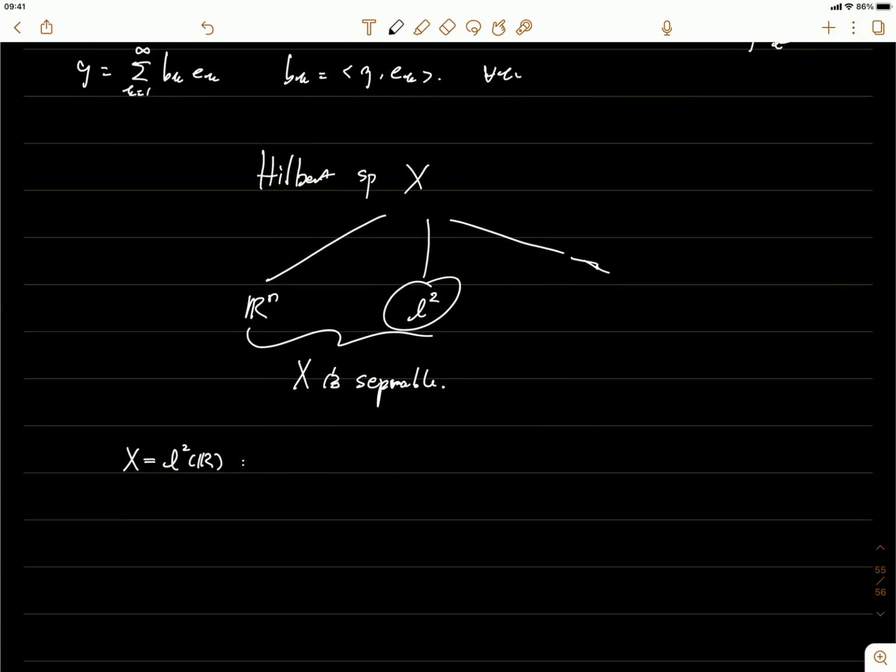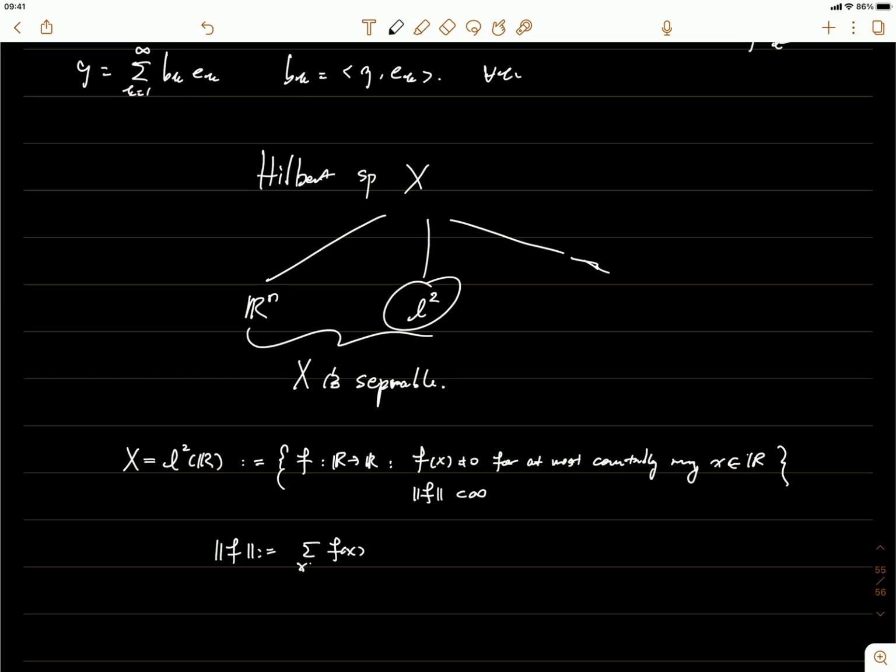Instead, it is the set of functions f from R to R such that f(x) is non-zero for at most countably many x in R. And since I'm going to define a norm, the norm of f is defined as the square root of the sum over x in R of f(x) squared.